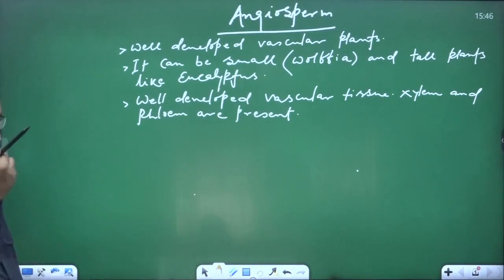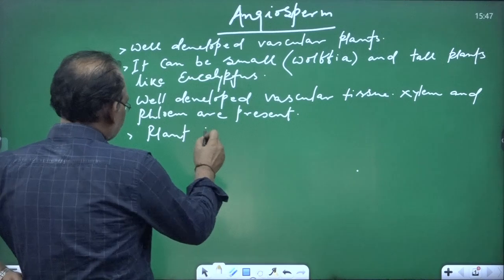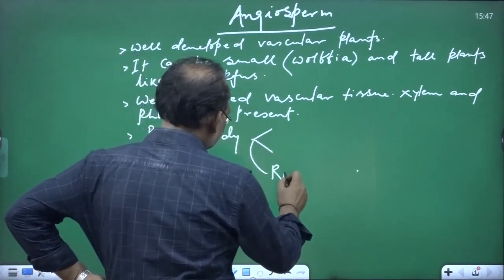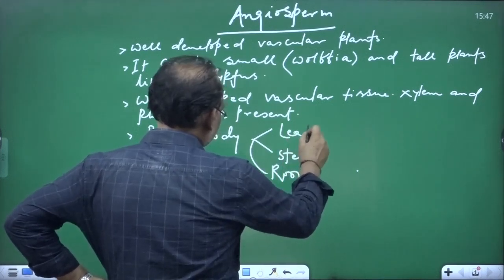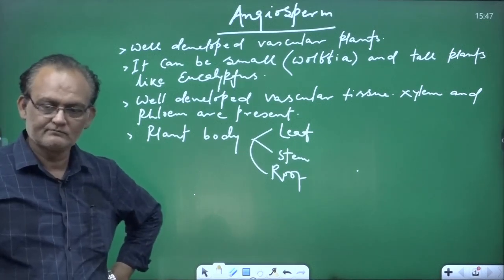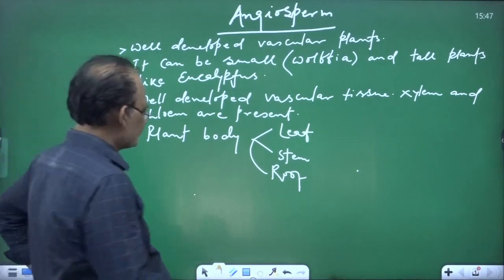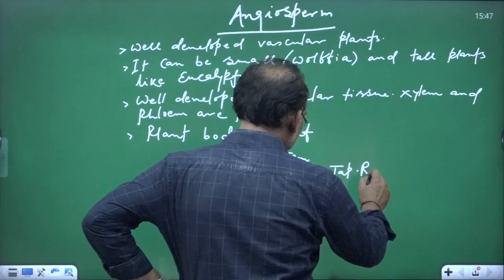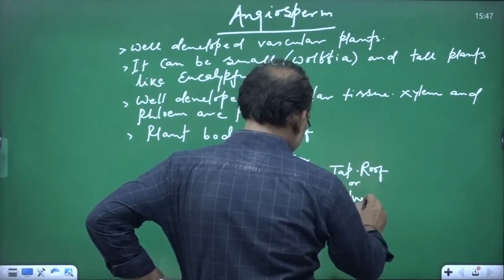Next point, write: plant body is differentiated into root, stem and leaf, right? Root can be either tap root or adventitious root.